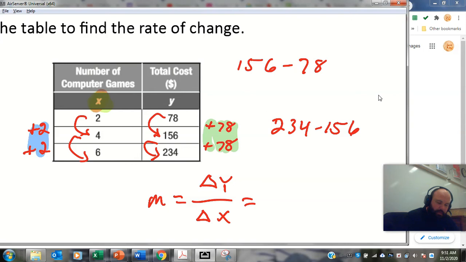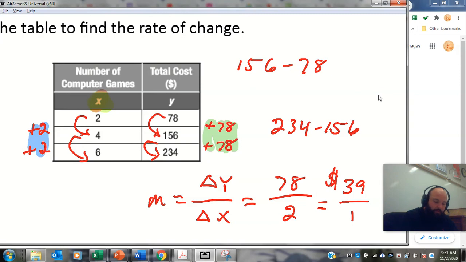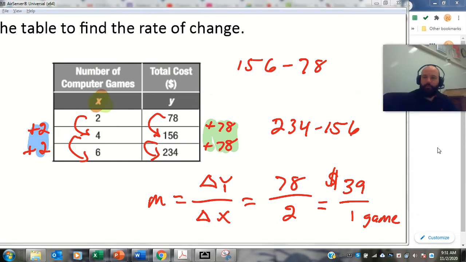And that's going to be plus 78 over plus 2. Now that will reduce to 39 over 1 in simplest terms. But the slope in this case is the cost is going up $39 for every one game. And that's how you calculate your slope from a table.